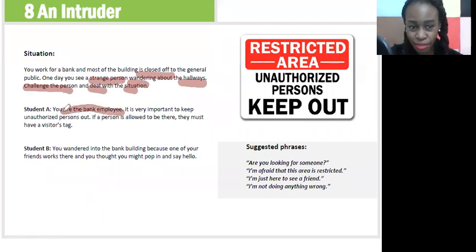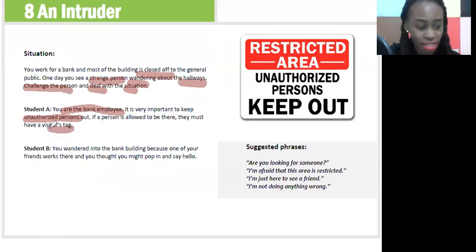You are the bank employee. It is very important to keep unauthorized persons out. So çok önemli bu izinsiz giren insanlar dışarıya koymak ya da oradan çıkartmak çok önemlidir. If a person is allowed to be there, they must have a visitor's tag.